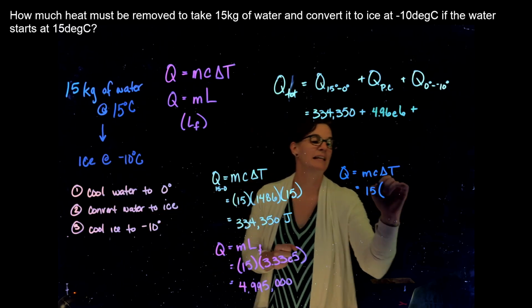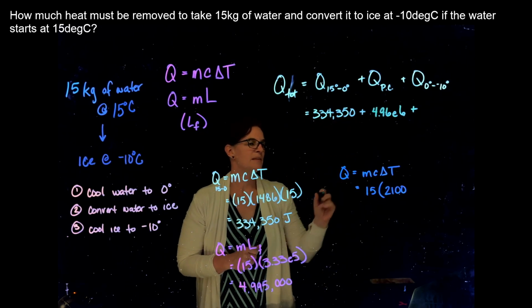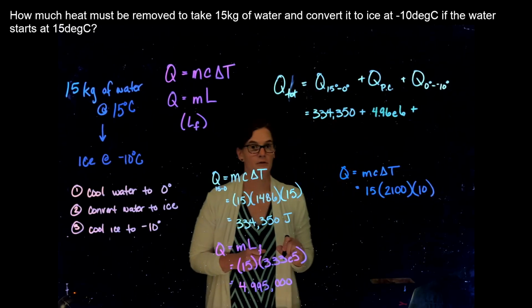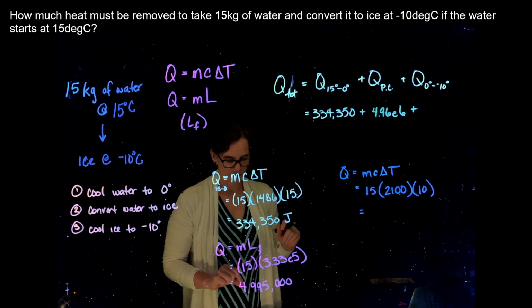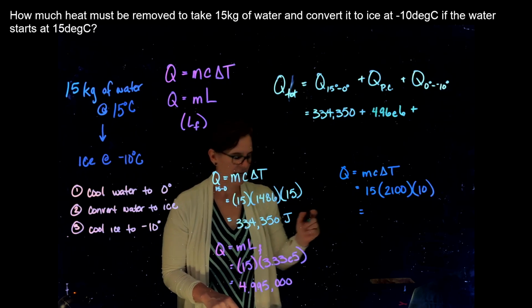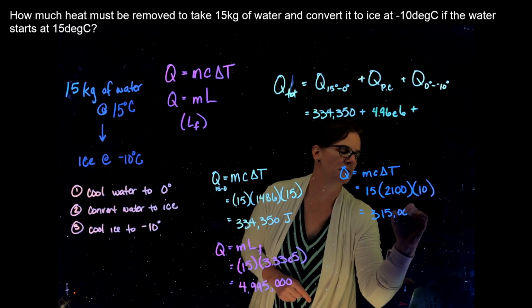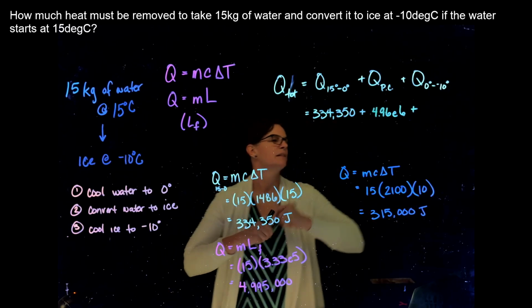So the specific heat of ice is 2100, okay, times our temperature change, in this case, of 10 degrees. And we find that our amount of heat needed to cool ice from 0 to minus 10 is 315,000 joules. So we will add that up here.